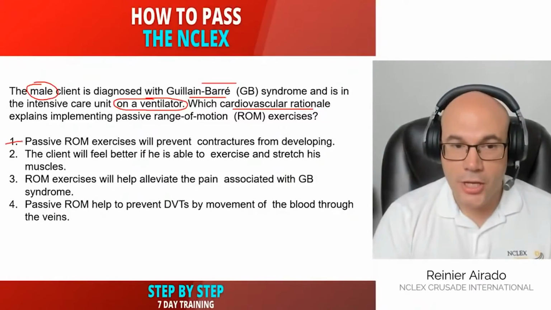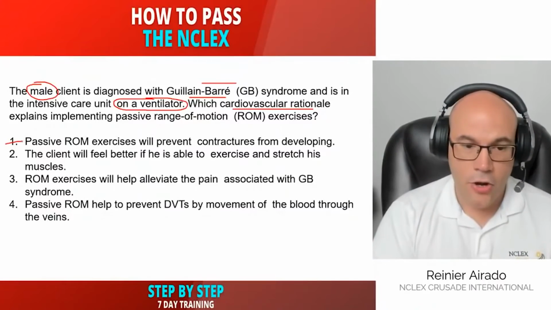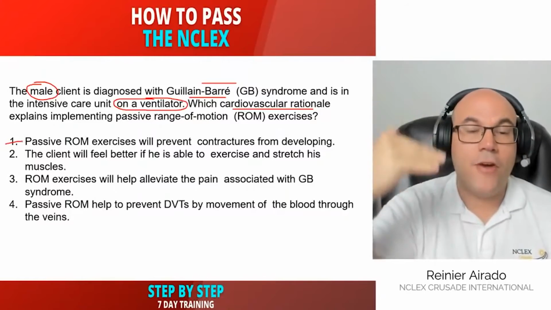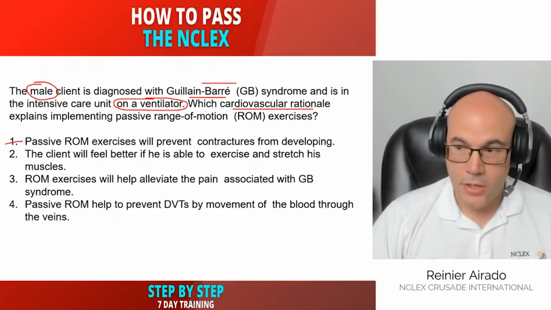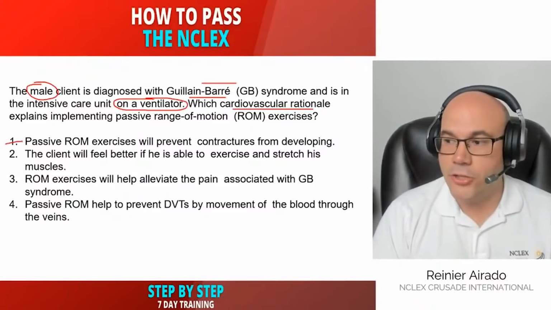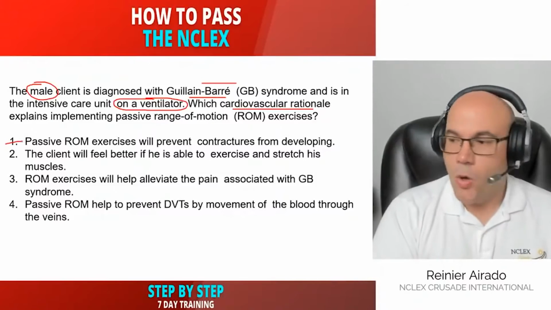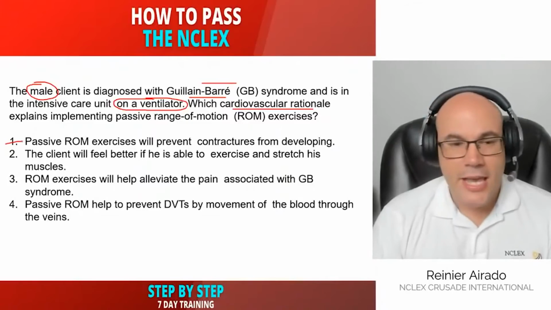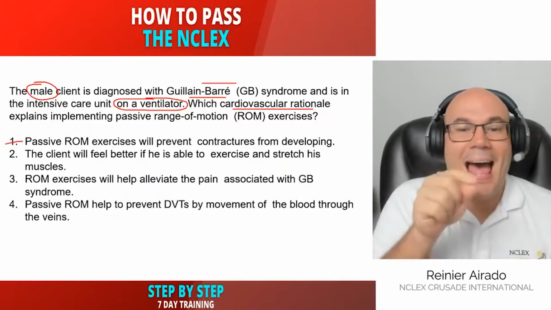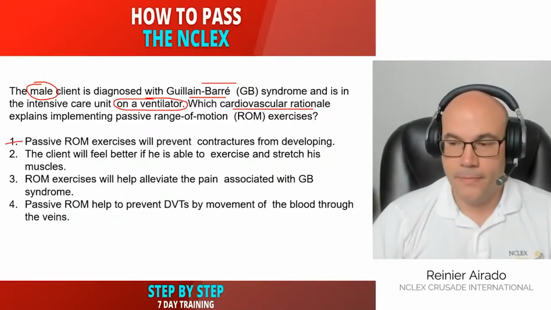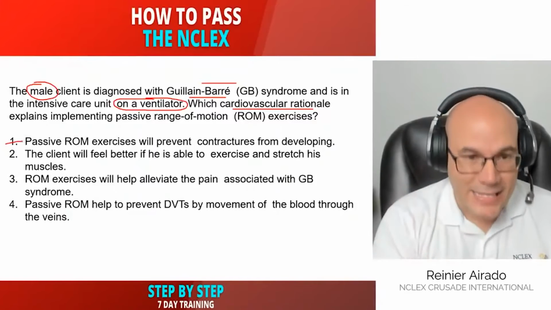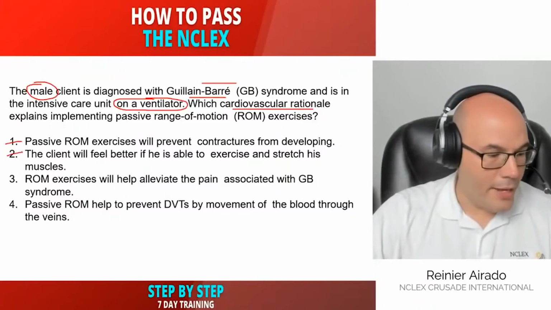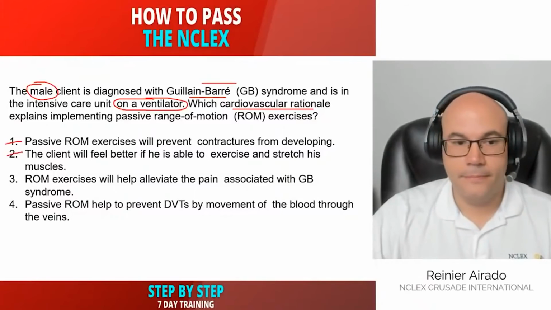So if a patient is on a ventilator, the ascending paralysis has reached the respiratory muscles. So we're looking at a serious condition, and this patient will not be able to exercise and stretch his muscles. That would be active range of motion, and we're talking about passive range of motion. So answer number two, we can eliminate.